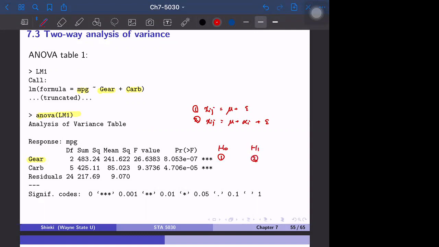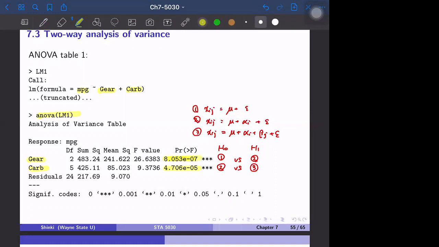Then we have the second line, x_ij equal to mu plus alpha_i plus beta_j plus epsilon_ij, and this compares 2 versus 3. The p-values are here, and both are really significant.